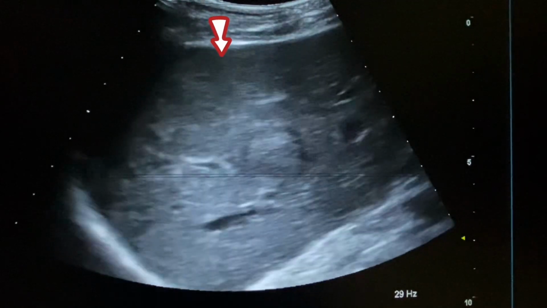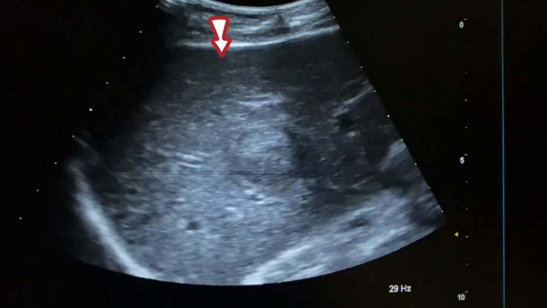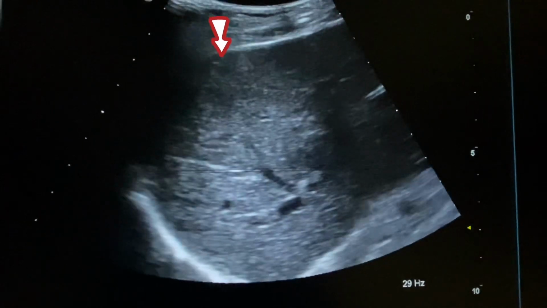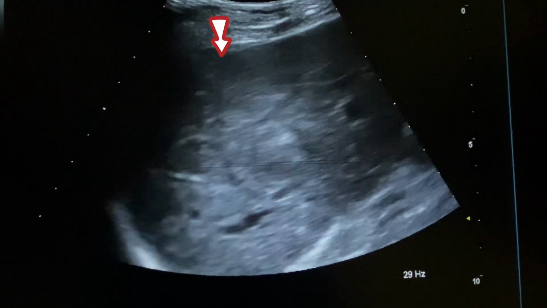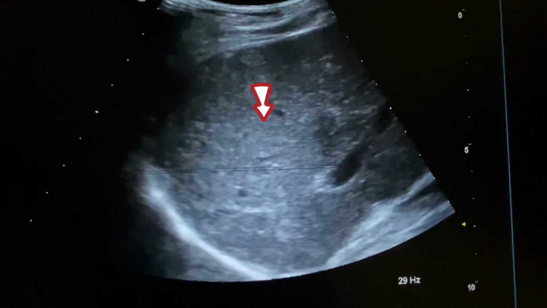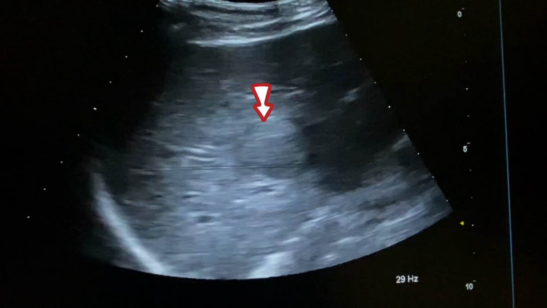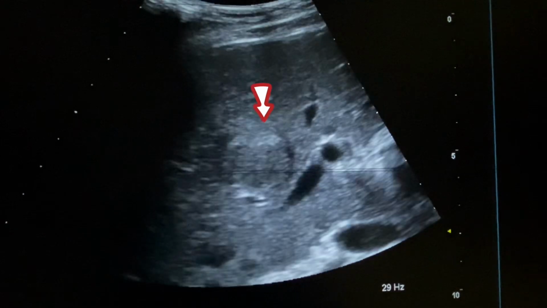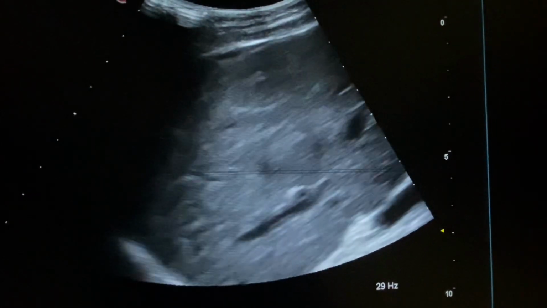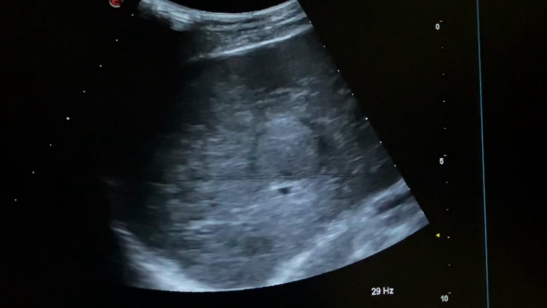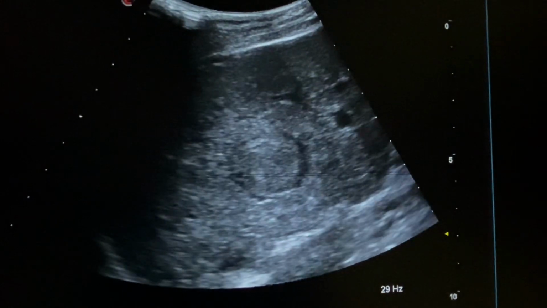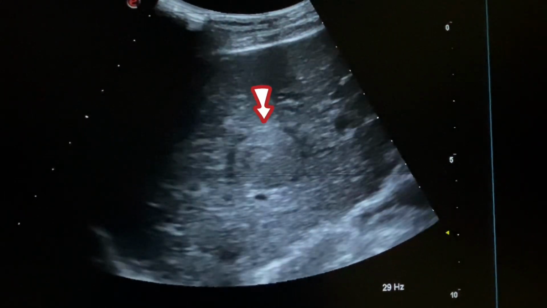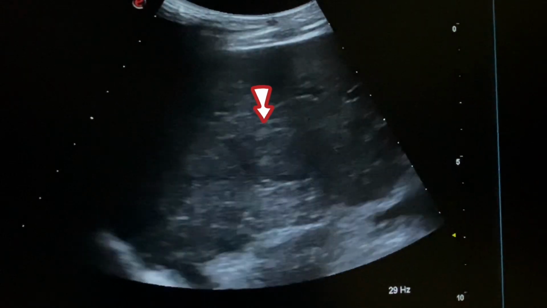Now we are scanning the right lobe of the liver between the ribs. Here we see a well-defined isoechoic mass in the right lobe of the liver. The mass is well-defined and rounded in shape.